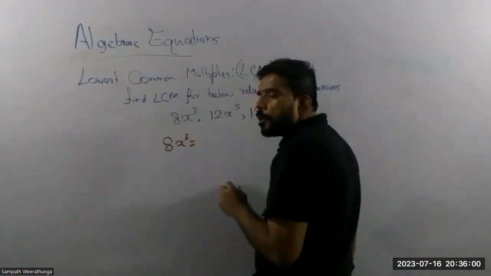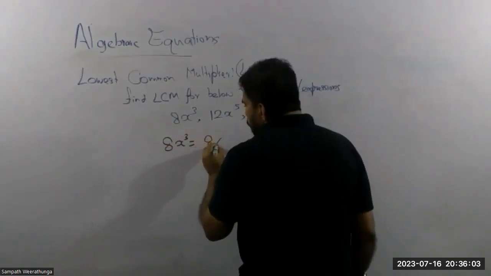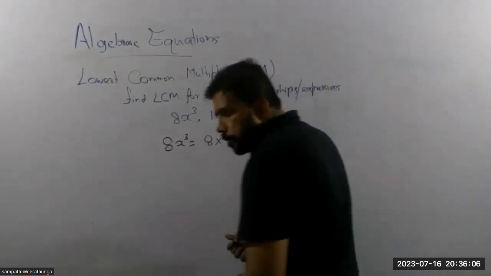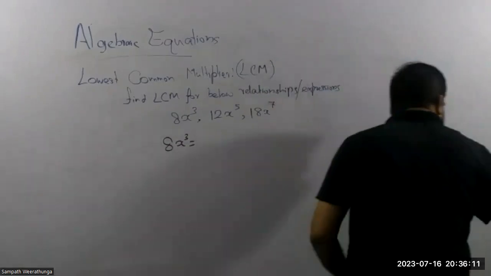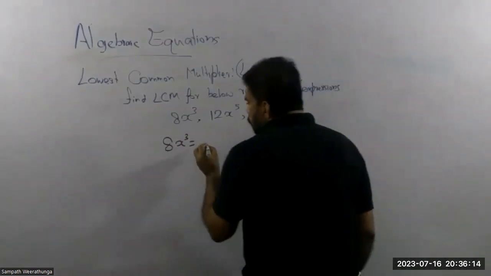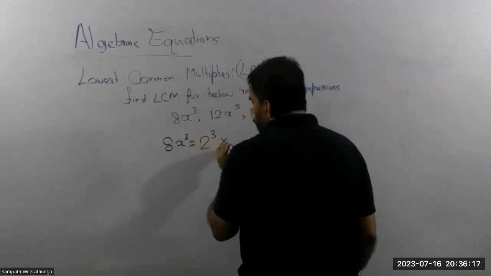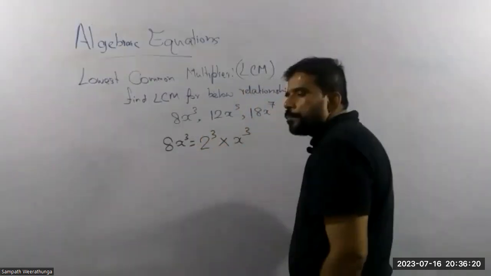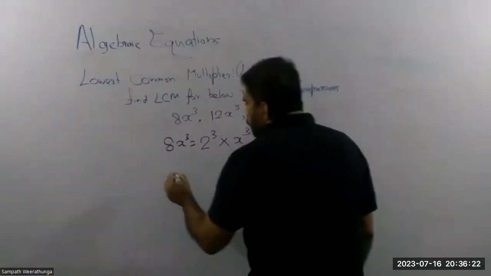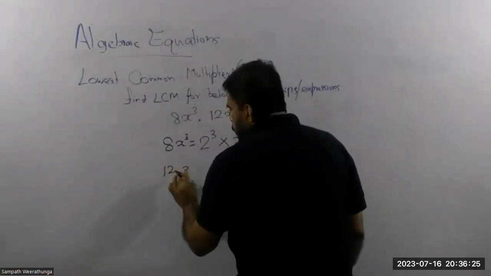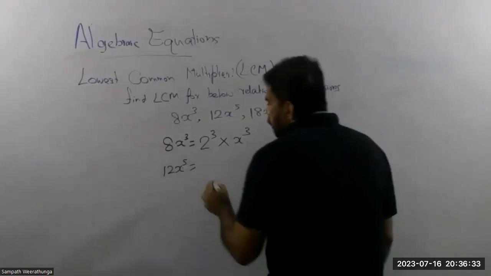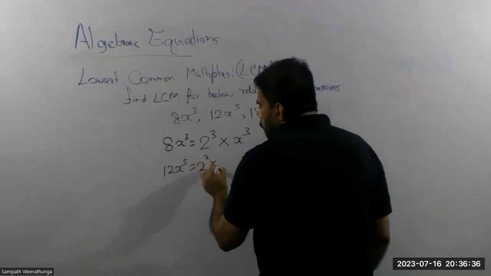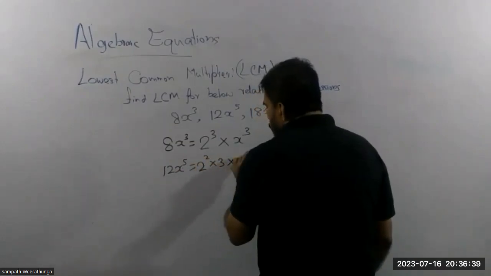So this time I'm not going to write 1. 8 is 2 into 2 into 2, so I can write 2 into 2 into 2 into x^3. Then 12x^5: 12 is 4 into 3, and 4 is 2 into 2. So I can write 2 into 2 into 3 into x^5.